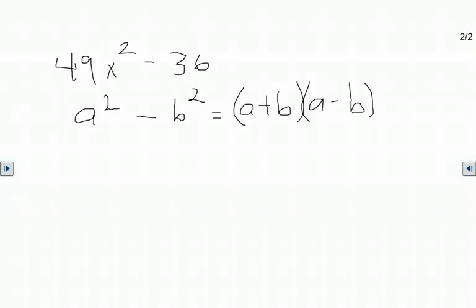So take the square root of the first term, take the square root of the second term, and that's going to be 7x plus 6 and 7x minus 6.